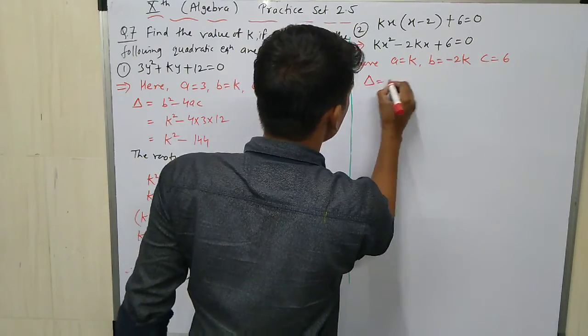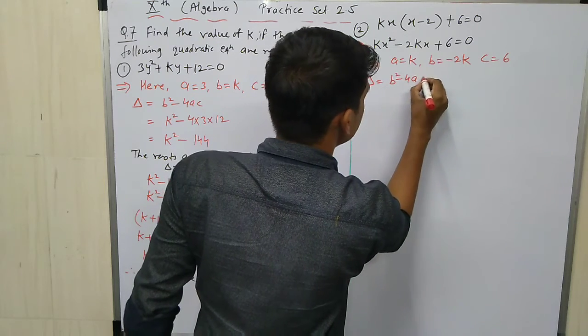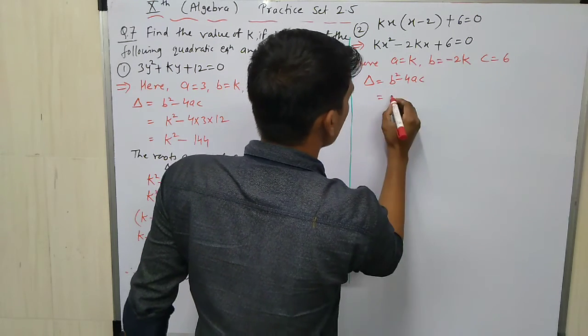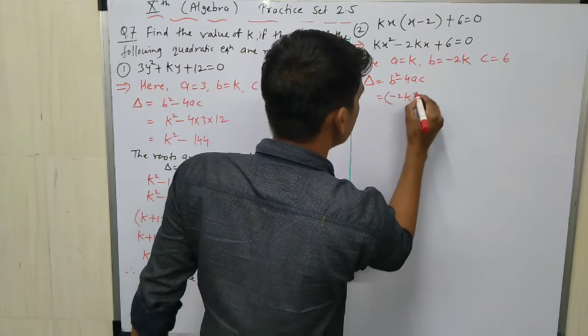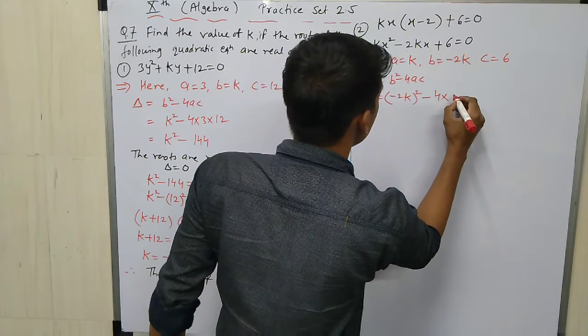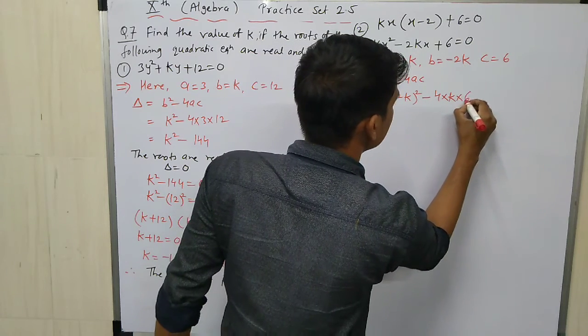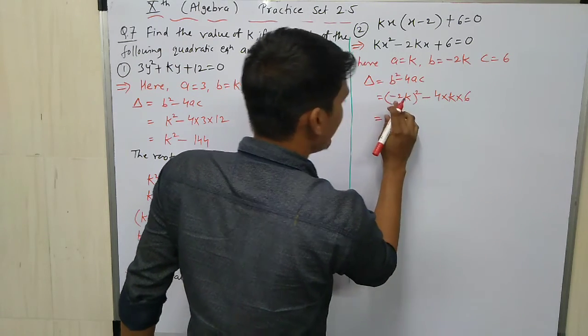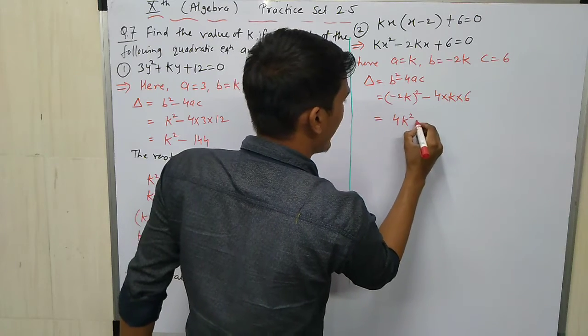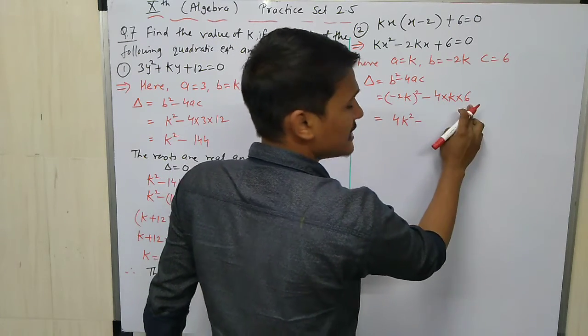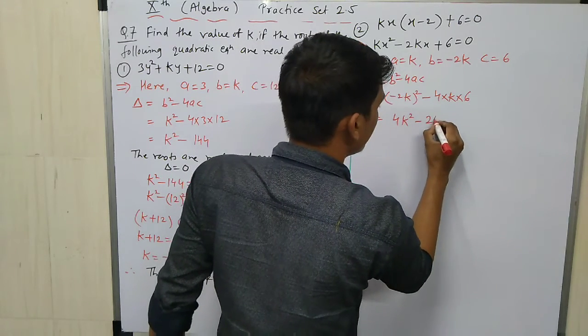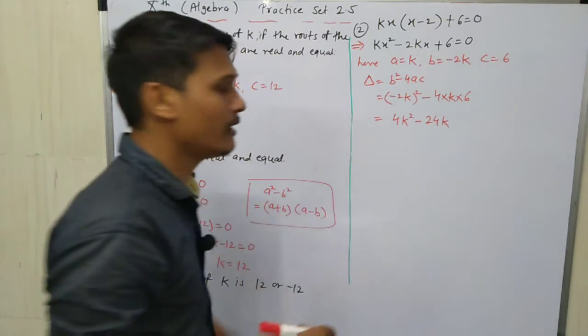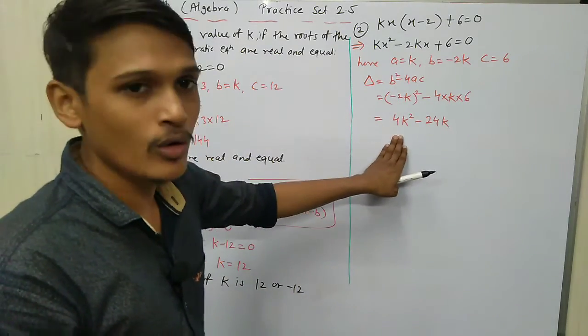Now delta is equal to b square minus 4ac. B square means (minus 2k) whole square minus 4 into k into 6. Minus 2 square is 4k square minus 4 sixes are 24k. This is the delta value.